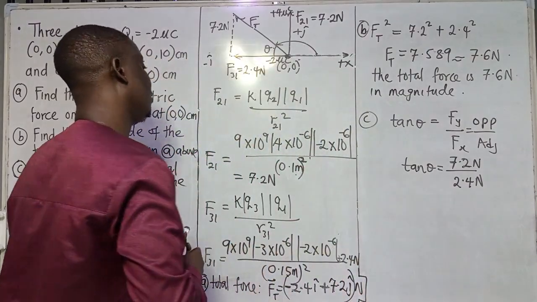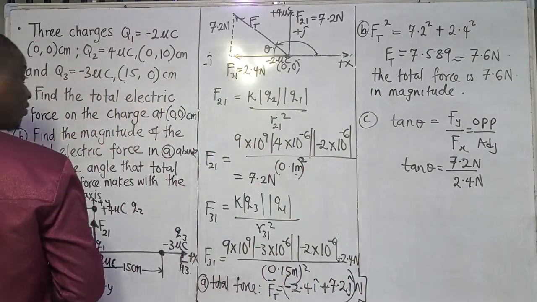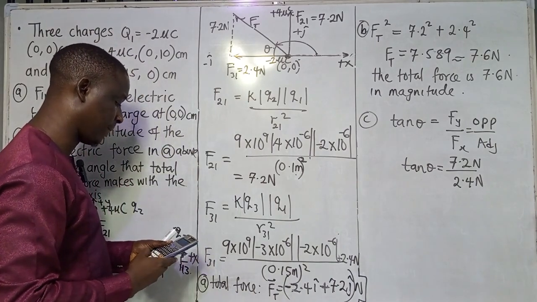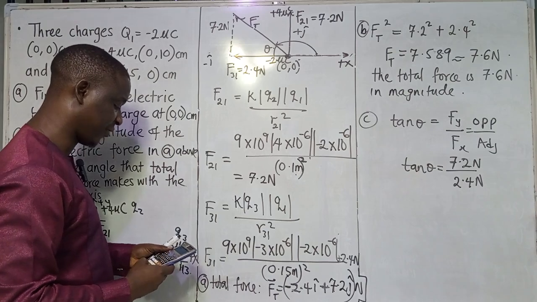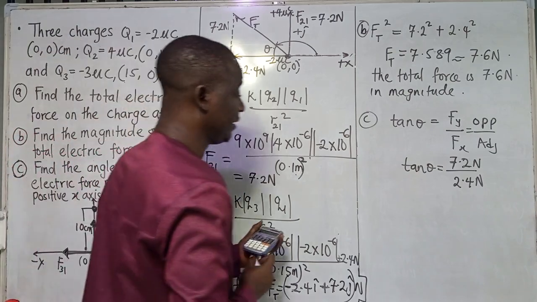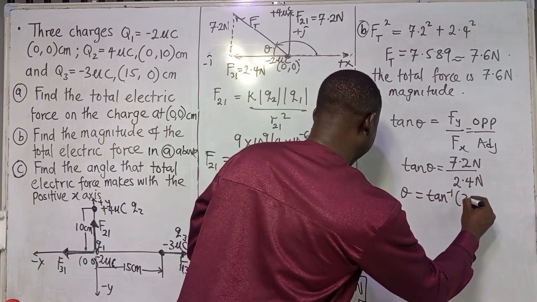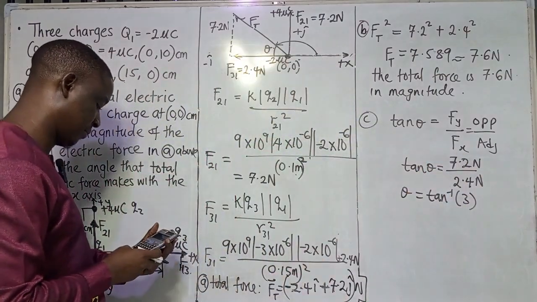So what do we have? 7.2 divided by 2.4 gives 3. So theta will be tan inverse of 3.